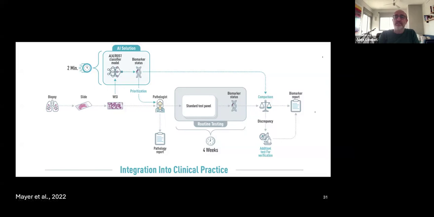So having the answer as fast as possible is not a hyperbole, it is a matter of life and death. So having this early answer as fast as possible and to decide on treatment with the help of AI is critical for these patients. Again, so this is one way of introducing AI into the workflow inside hospitals.